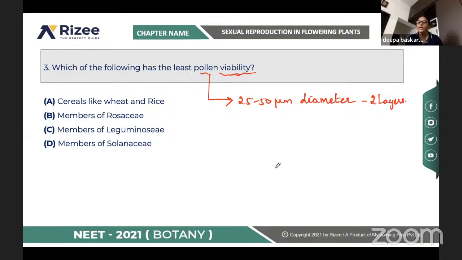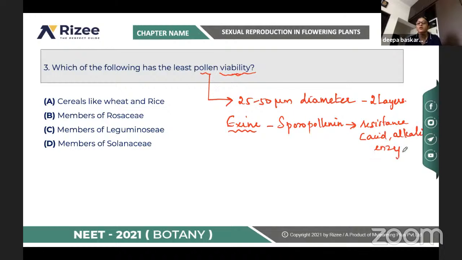The outer layer is called exine, made up of sporopollenin. Often the question will be asked about this sporopollenin. Its specific feature is resistance against acid, alkali, and enzymes. No enzyme can digest sporopollenin.